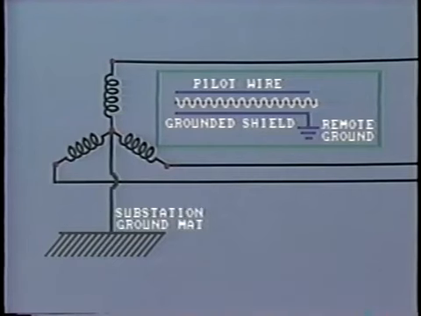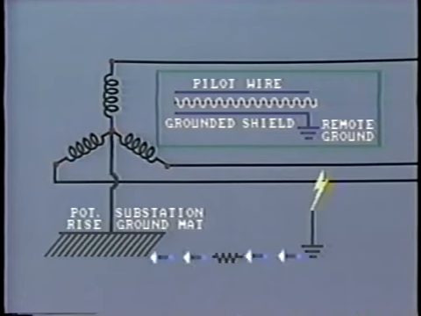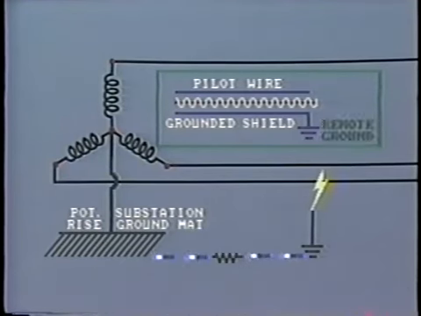A voltage difference can arise between these two grounds if a ground fault occurs on the power line. As fault current flows through the earth, the ground resistance and the resistance of the station ground produces a voltage drop and raises the potential of the station ground mat. So now we have a difference in voltage between the ground mat and the pilot wire shielding.